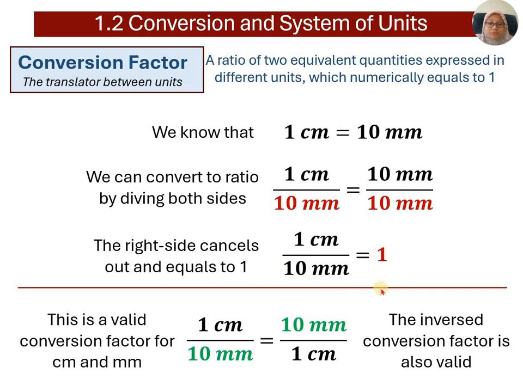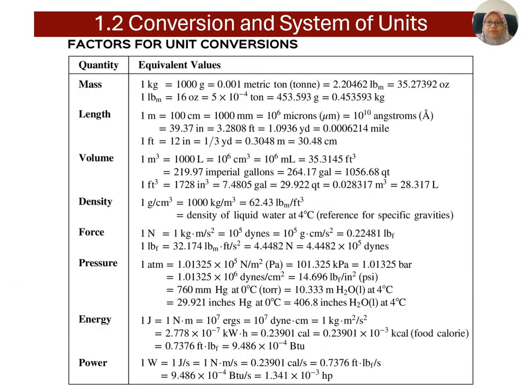So when this part is equal to 1, we declare this a valid conversion factor for centimeter and millimeter. The inverse conversion factor is also valid as long as both equal 1.